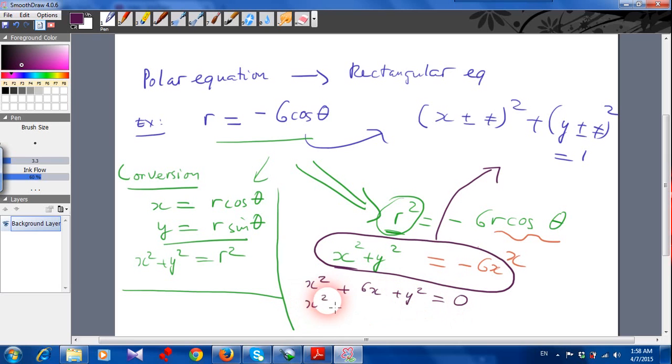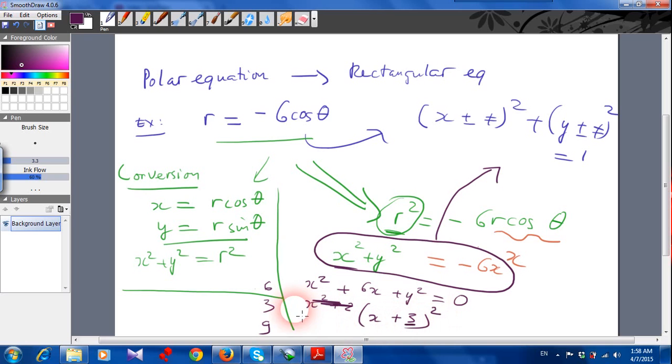So x² plus, we can use a trivial method like 6, right? And 3, right? And 9. So it will be (x + 3)², right?